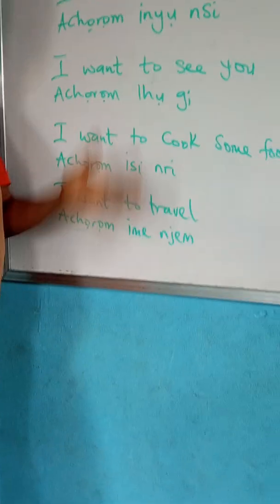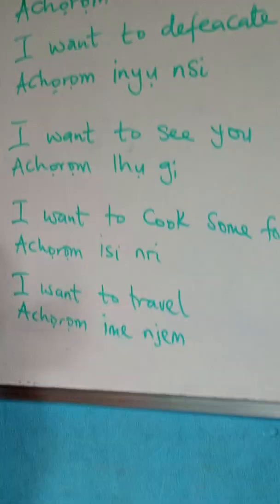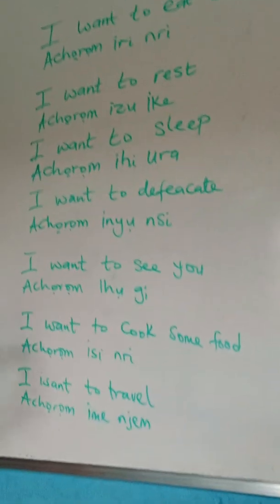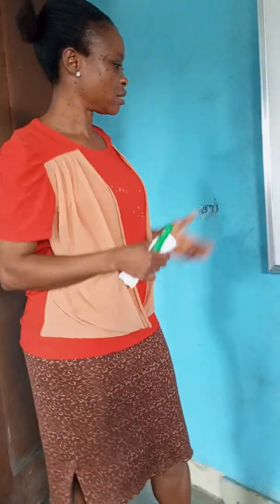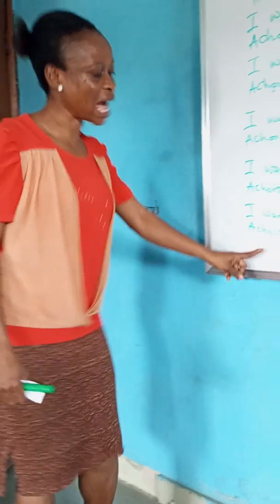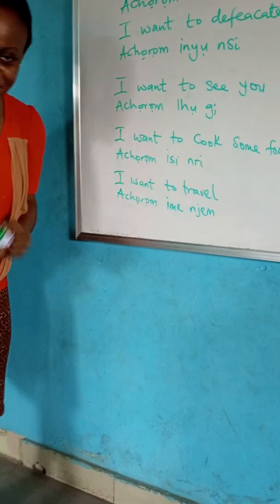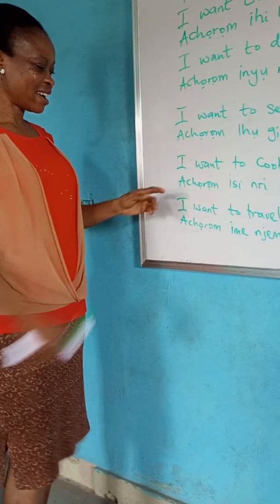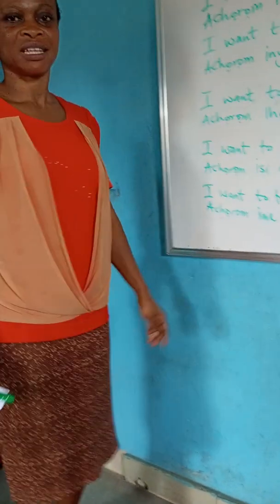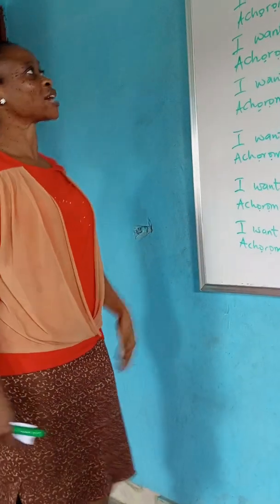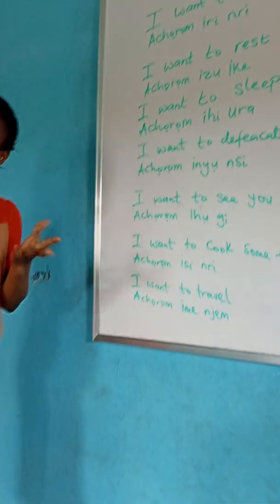When you want to embark on a journey that will take you some days or some months, and you want to tell someone about it without allowing a third party to hear of it, this is how you're supposed to say it. Achọrọ m ime njem. Good. Can we say it again? Achọrọ m ime njem.